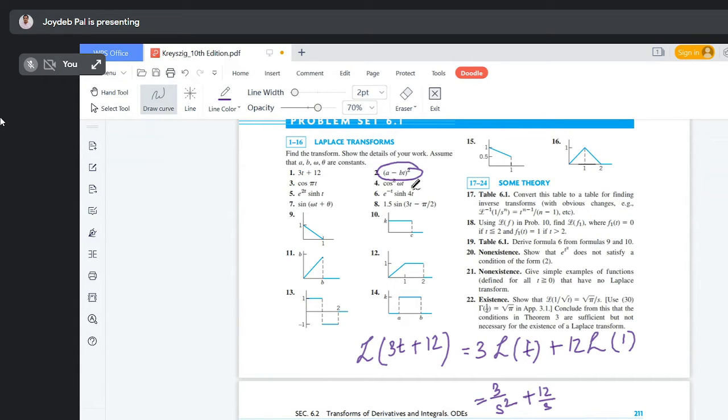So what you have to do? First of all, expand it by the whole square formula: a square plus b square t square minus 2abt. Then you take the Laplace transform. Then there will be three terms: Laplace transform of something plus Laplace transform of something plus Laplace transform of something.